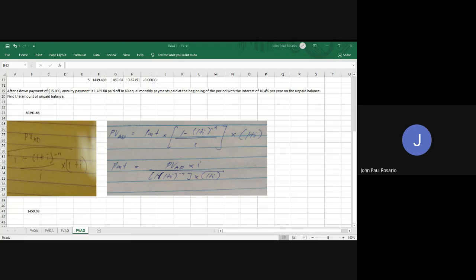I'll send something on Messenger. Let's see if my solution differs.